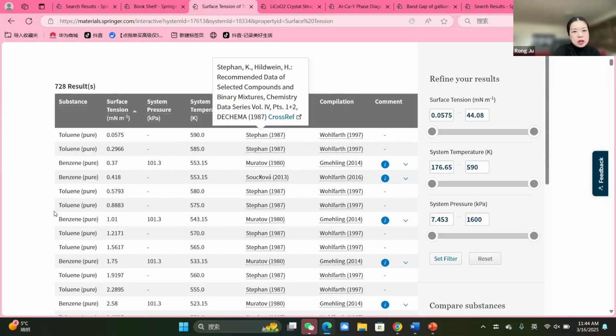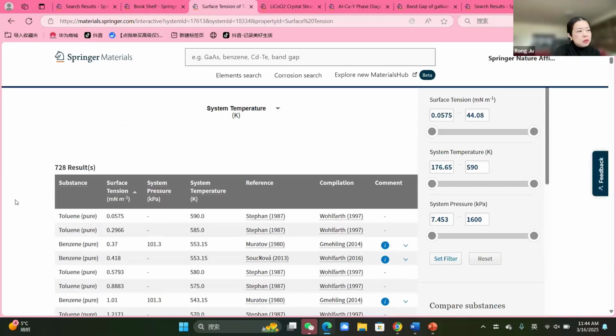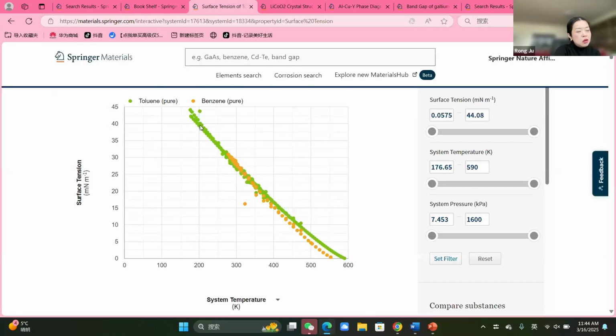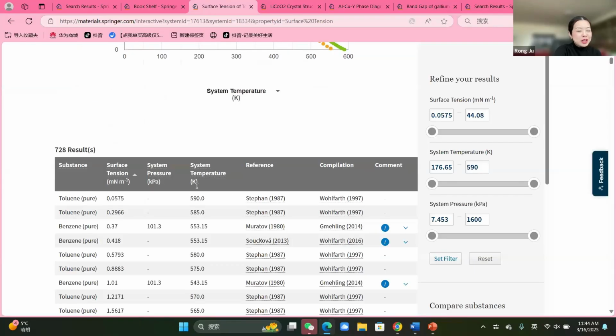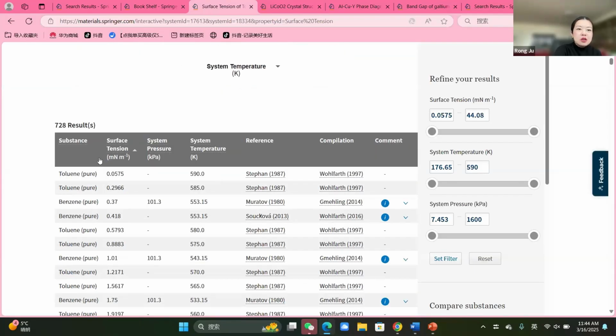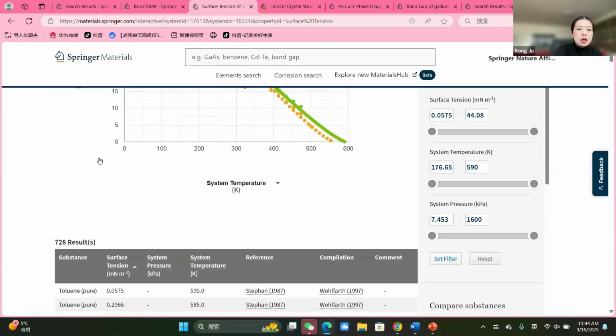Also, I want to mention that I said we have almost 500 points for the surface tension of toluene. If you are interested, you are more than welcome to take a look at these references. These 500 data points came from about 100 articles.